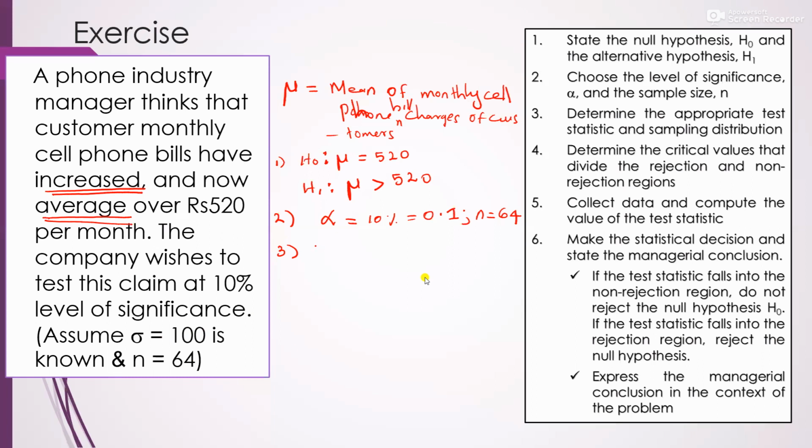According to the central limit theorem, as n is greater than or equal to 30, x bar has a normal distribution with an unknown mean and variance sigma squared over n, where sigma is 100, so 100 squared over 64. How do we specify this? Central limit theorem.